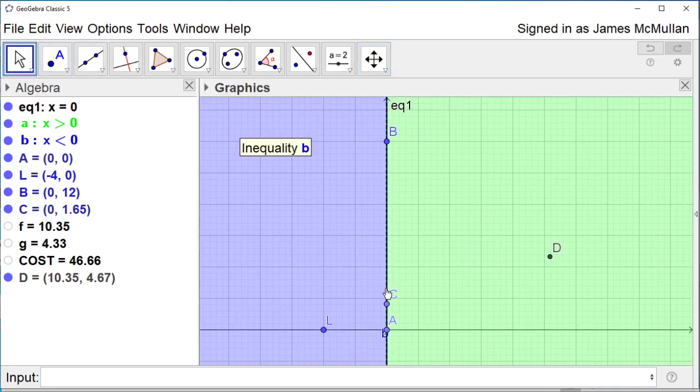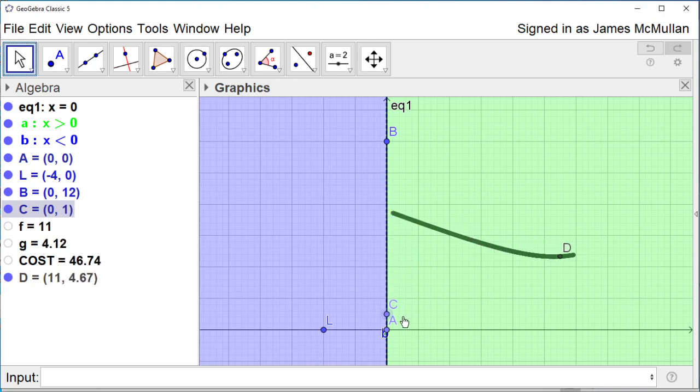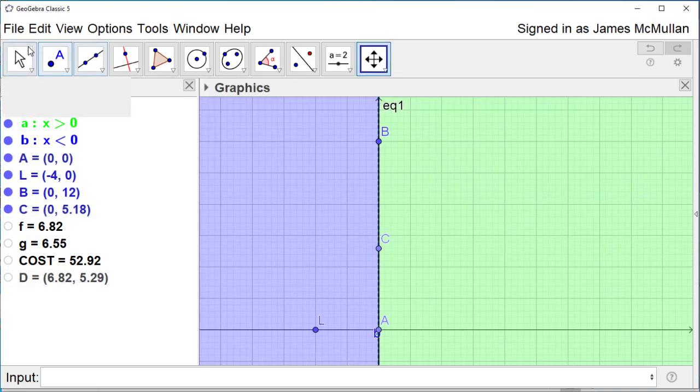You can see that the only thing I'm controlling is C, which we'll think of as the y distance, or the amount of cable that's laid along the land. Just get rid of this so we're not distracted by it for a sec. The only variable I'm changing is C.